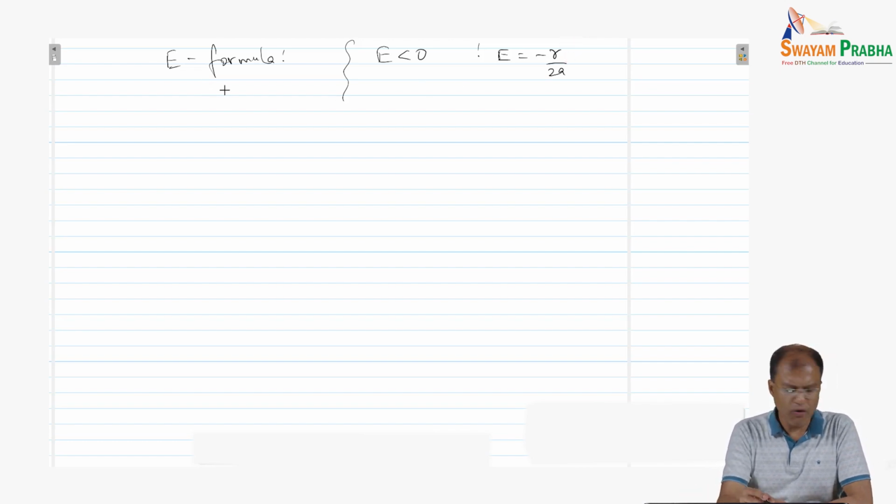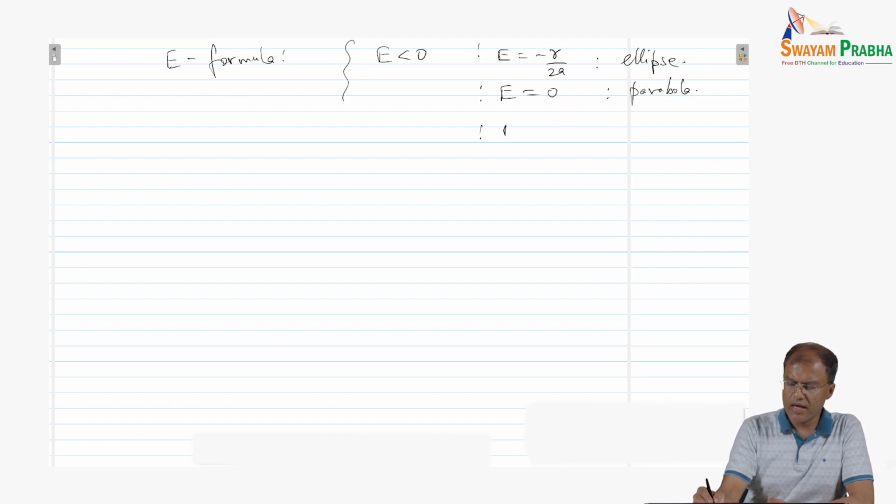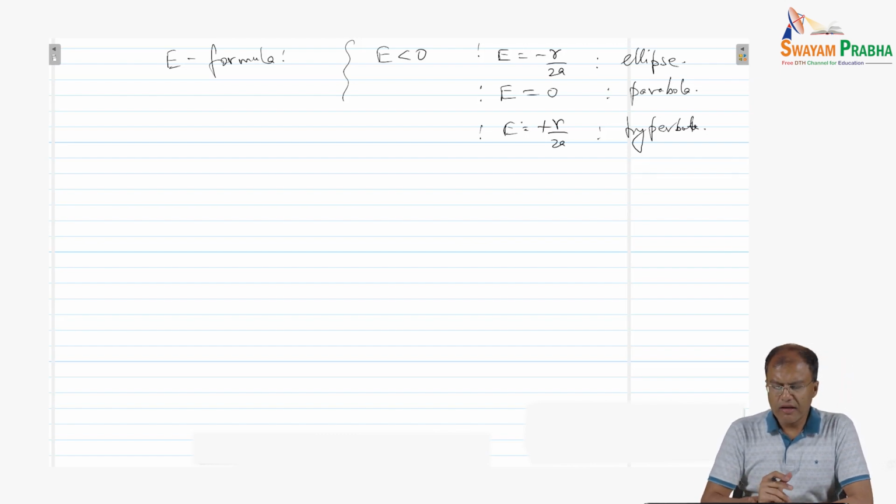For the E formula, ellipse, E is less than 0. And for the case of parabola, E is 0. And for the hyperbola, E is plus gamma by 2a. So these are the three cases for the E formula.